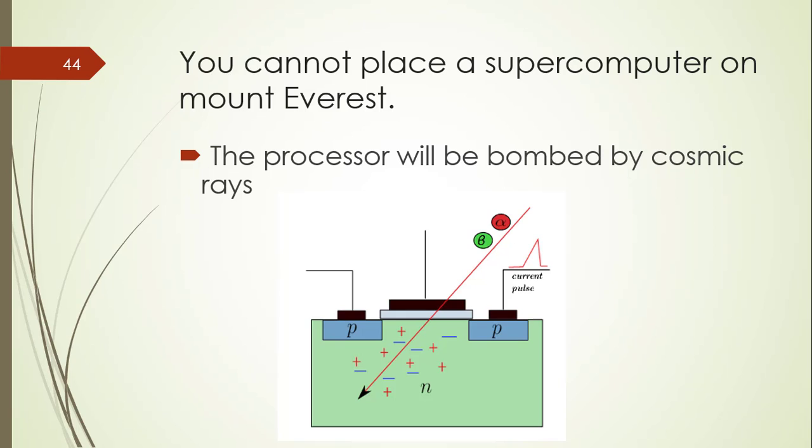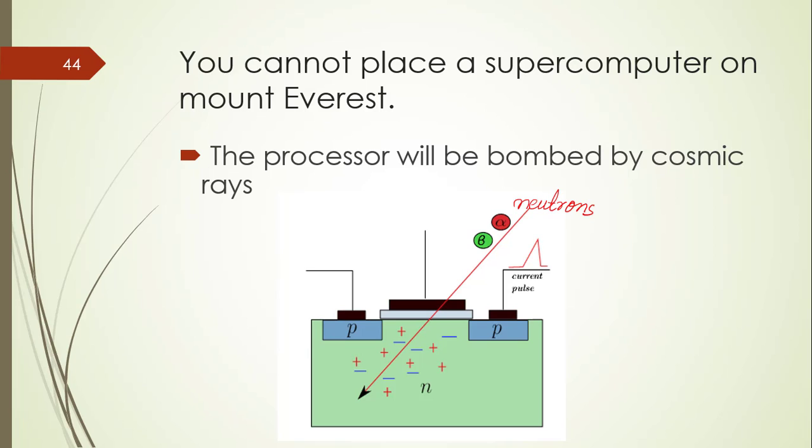We of course don't get to see them, but they do affect our processors and our transistors quite a bit. What are the major offenders? There are alpha particles and neutrons. All of you would be familiar with alpha particles and neutrons. They keep on bombarding the processors and the transistors.